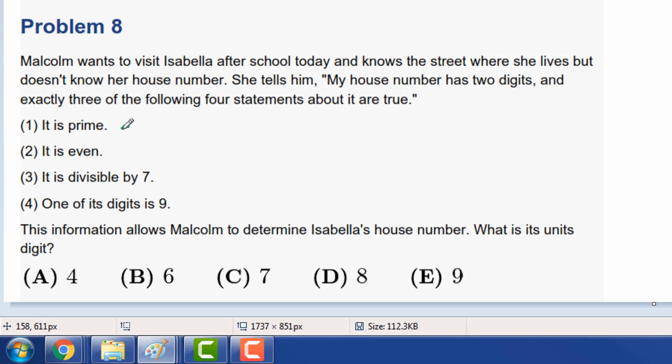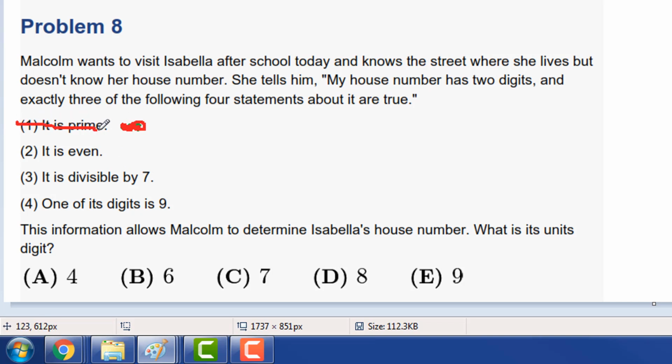Let's assume it's prime. Then it can't be even, unless it's 2, which can't be true. So if it's prime, it can't be divisible by 7. It has to be even, and one of its digits is 9. We can pretty much eliminate this prime criterion right away because it's very hard to be divisible by 7 and prime. We're going to get a contradiction real fast.